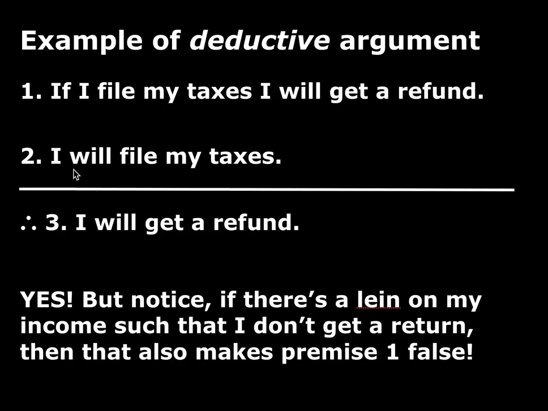You don't know. You don't know if I'm going to file my taxes. Maybe I'm not going to do that. Right? I don't like the government and whatever. But it doesn't matter. It doesn't matter if these things actually are true or false. What's important for this first measure, for whether or not the argument is valid, is you ask, if these were true, would the conclusion have to be true? That's the way to think of that question.